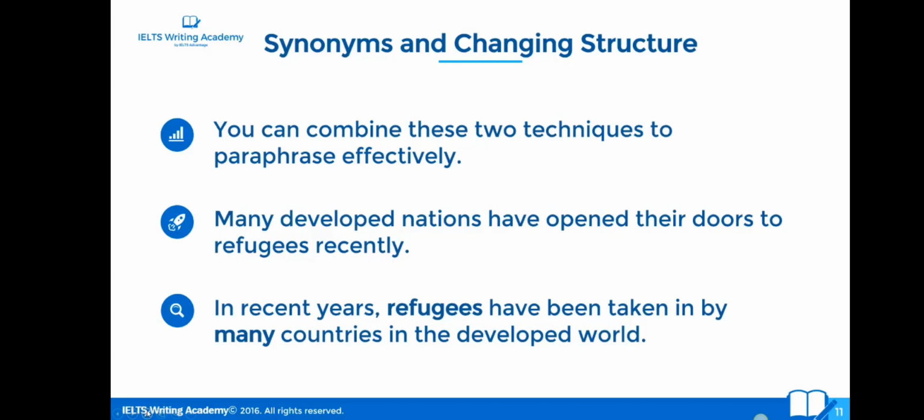One thing that I want to highlight here, I put it in bold, are these two words. You'll notice that I did not change these two words. One big mistake that I see students making is they have been told by poor IELTS teachers who misunderstand what paraphrasing actually is that you can never repeat a word.